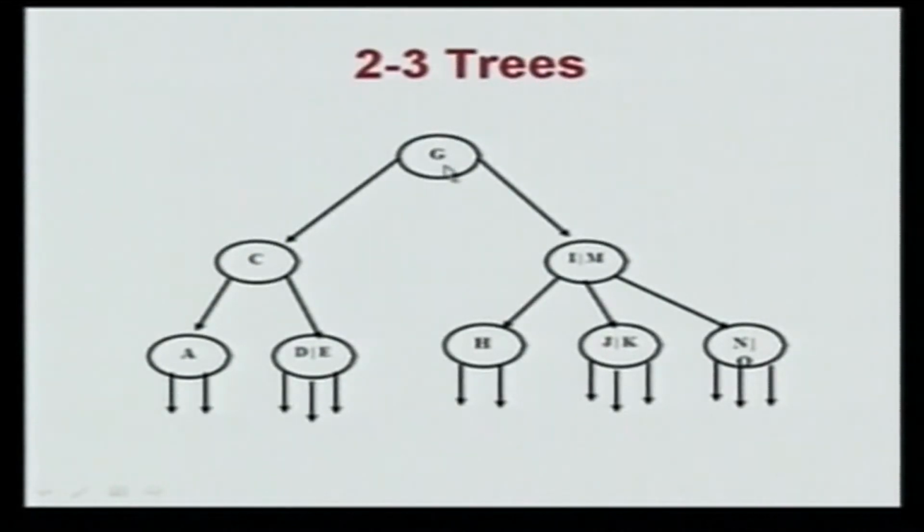Now, let us take an example of a 2-3 tree. Here you have G, this is the key.